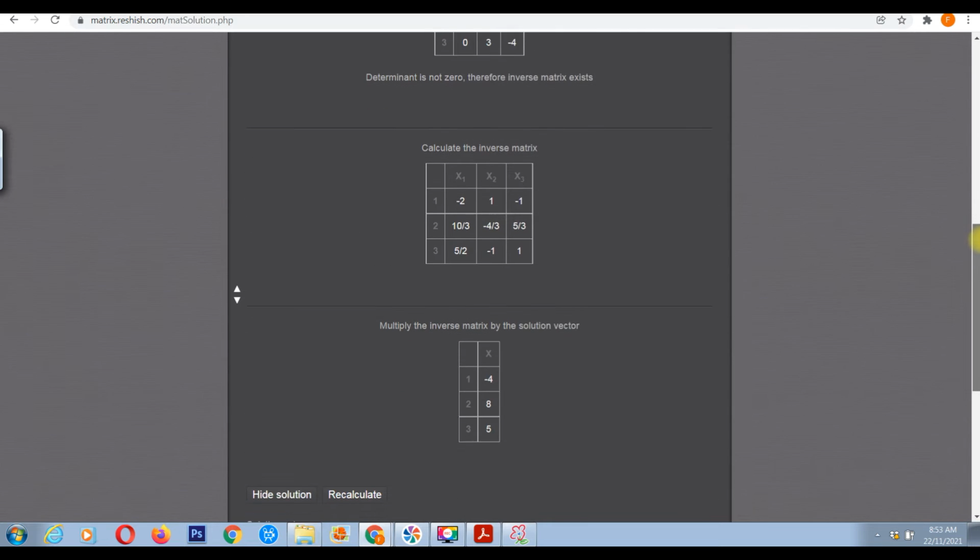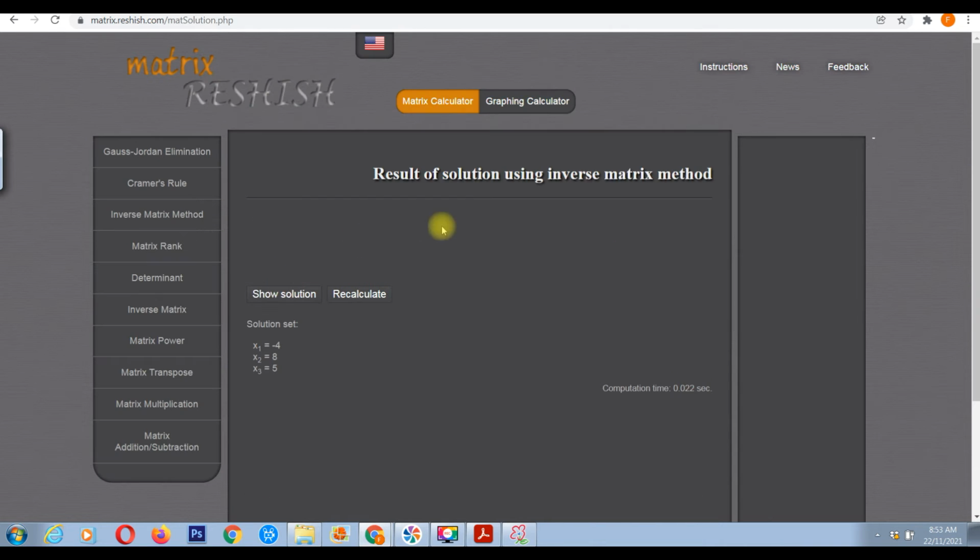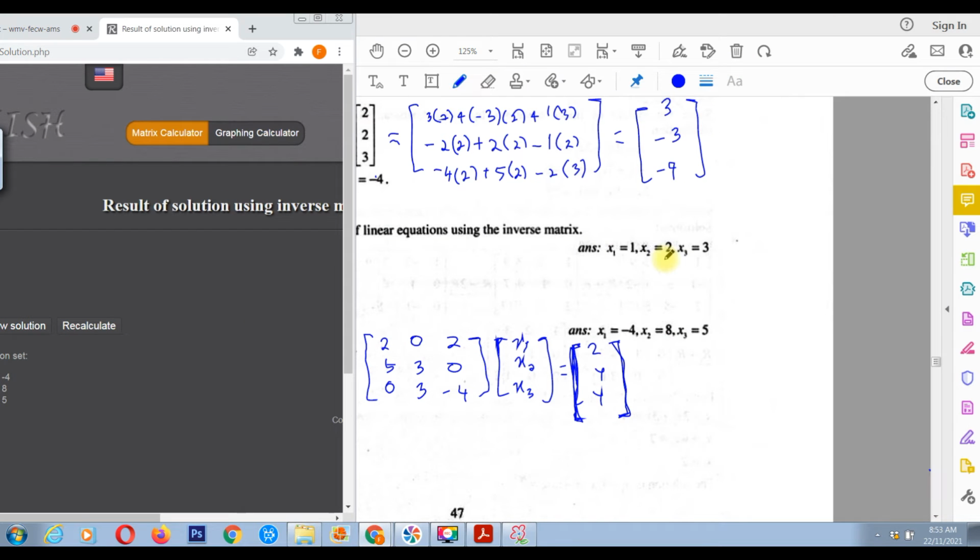You need to click show all solution. So the solution will be -4, 8, and 5.